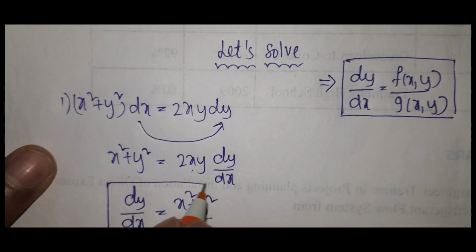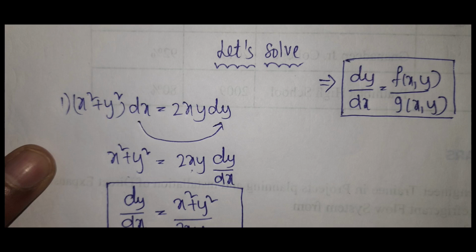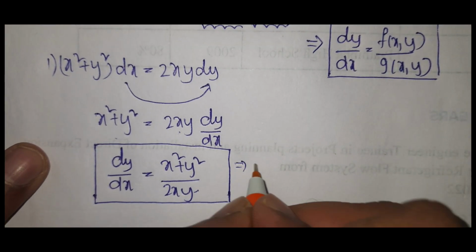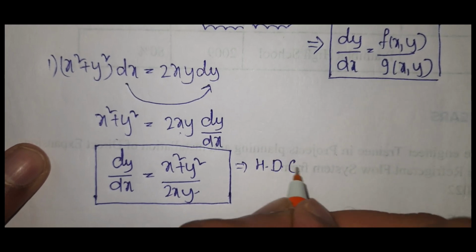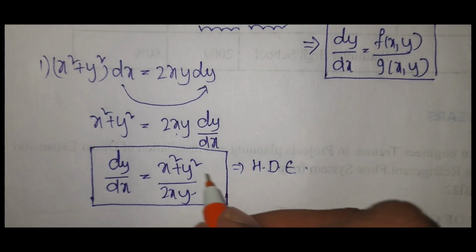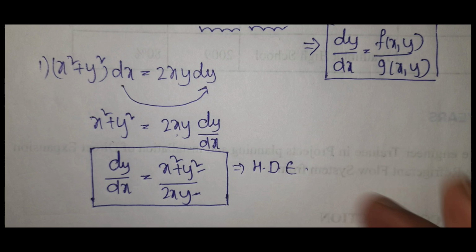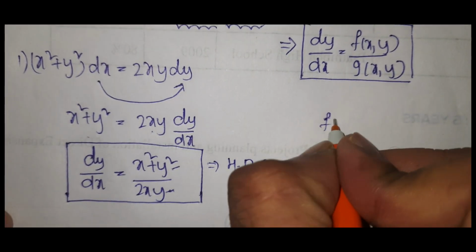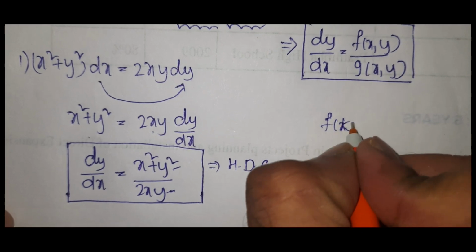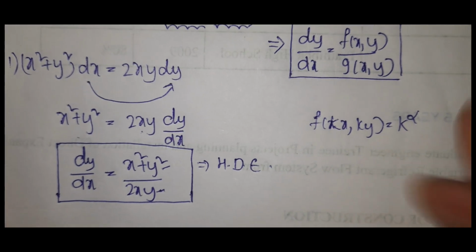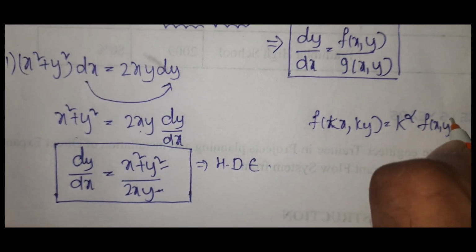So this is the first condition. This equation satisfies it and tells us that this might be a homogeneous differential equation. For a given equation to be a homogeneous differential equation, this function and this function must be homogeneous, and we know that a homogeneous function must satisfy f of kx comma ky is equal to k to the power of alpha f of x comma y.